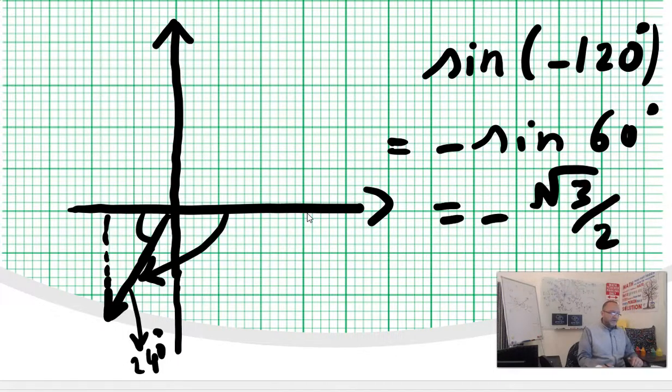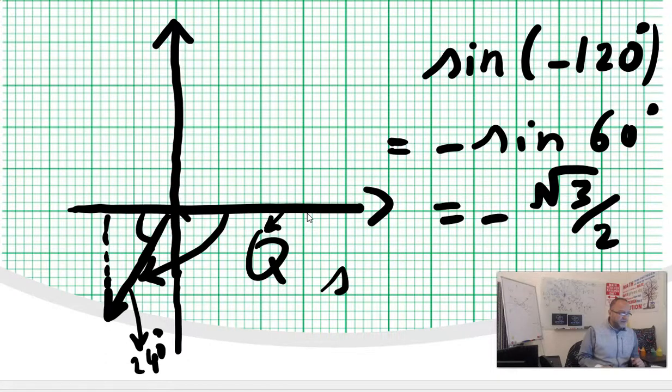I say perfect. You tell me, okay, then this is something similar to what? No. Keep going. Do it now in quadrant 4. Do sine of minus 60 here.